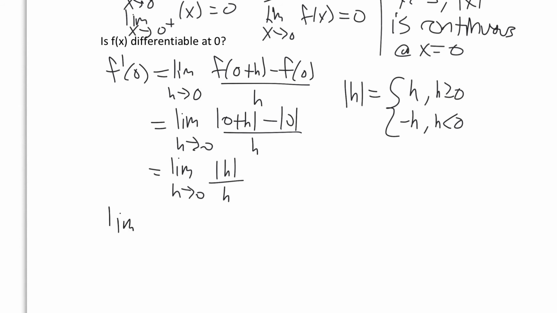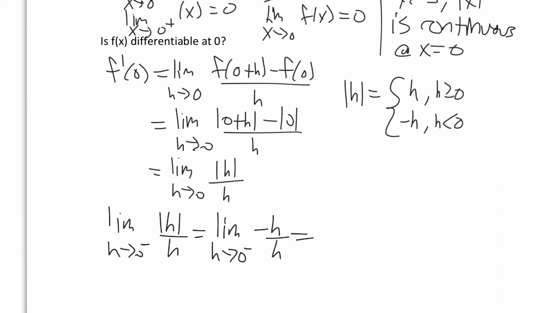So we'll do the limit as h approaches 0 from the left. h is going to be less than 0, so we're going to get negative h. We can go ahead and cancel those h's, which will give us the limit as h approaches 0 from the left of negative 1, which is negative 1.